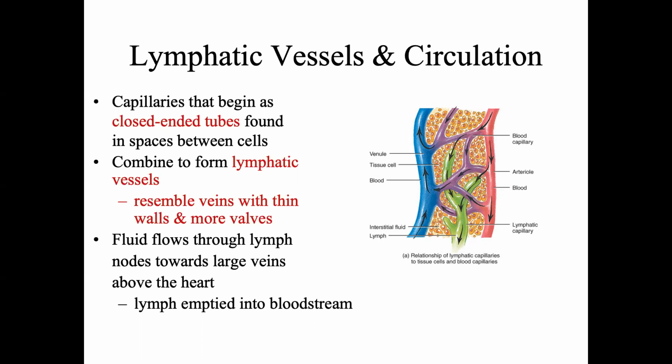Think of this as a garden hose, and I like using a garden hose analogy, a garden hose with small little openings or holes in it. What happens when you open your garden hose up all the way? When you open up the spigot all the way, you have a lot more water flow, so much that it starts to eject a little bit of water out of the holes in your garden hose.